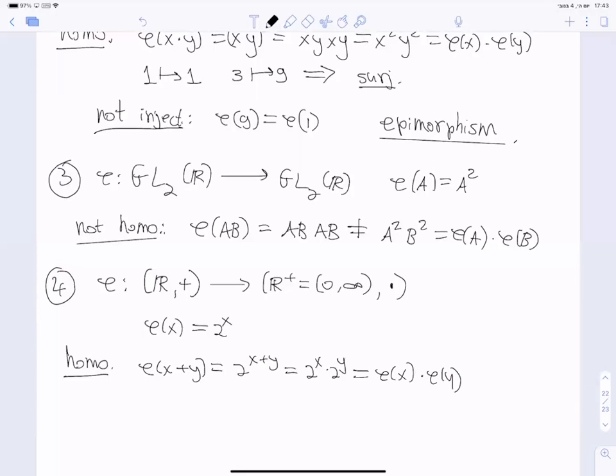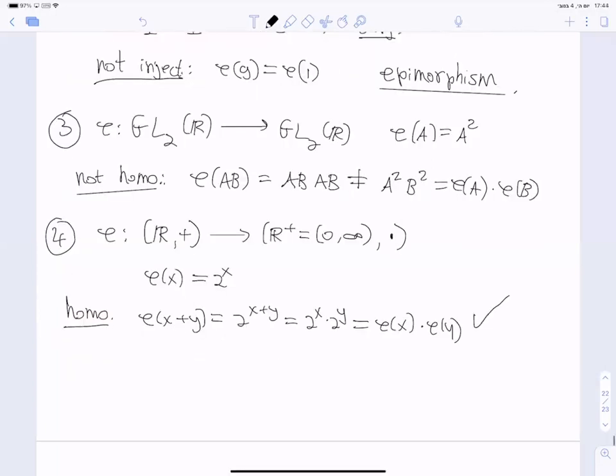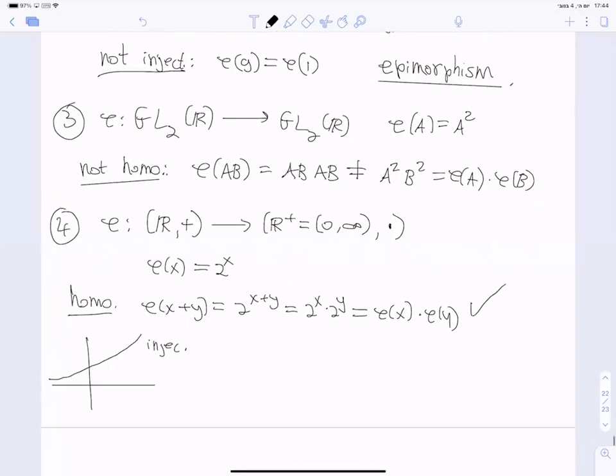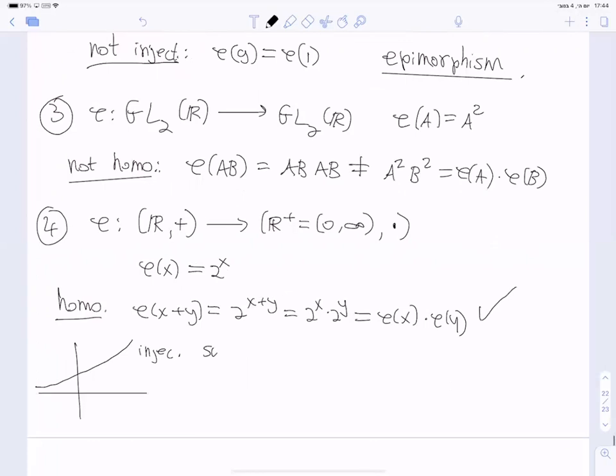So this is a homomorphism. And of course, since it grows, it's monotone, so it's injective. Of course, it is surjective. I mean, you can always take the logarithm. So actually, phi is an isomorphism.